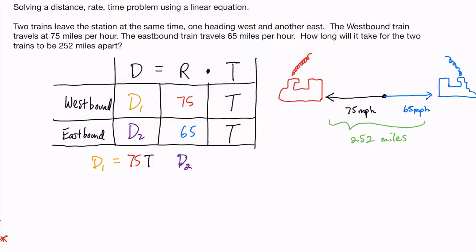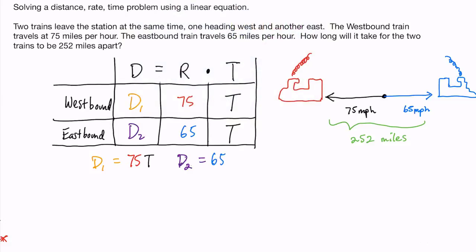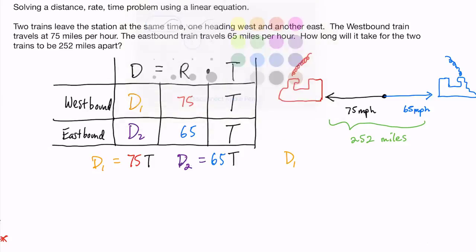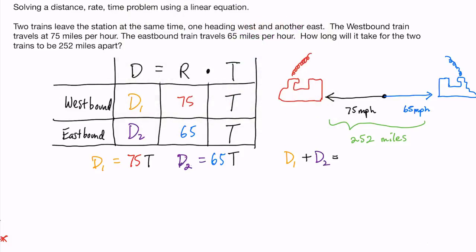D2 is equal to 65 times T. What other information do we know? What's the total distance? In other words, what's D1 plus D2? We know that is equal to 252. That's a good piece of information.